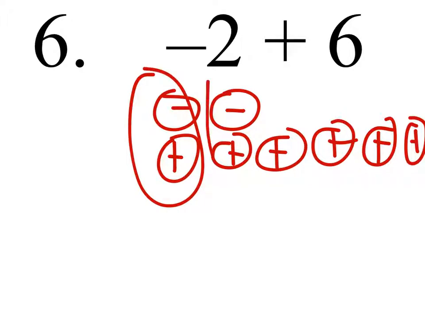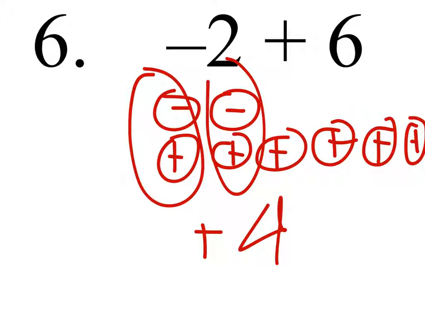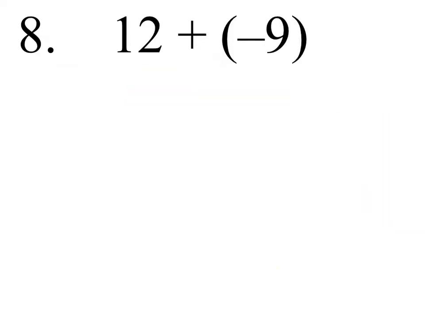So you take those pairs out, and then you have 4. It's four positive. Either way, we know what you mean. All right, the answer is a positive 4. Very good. There we go.